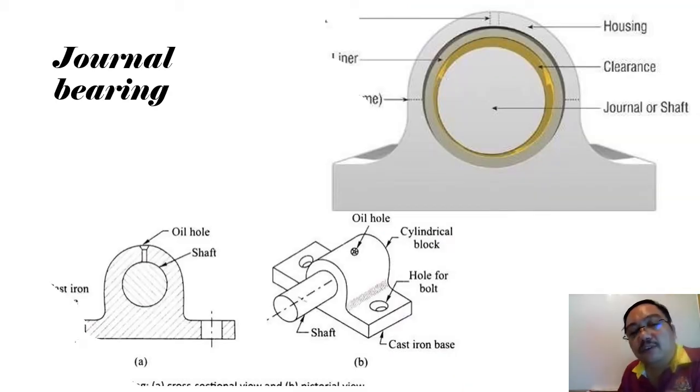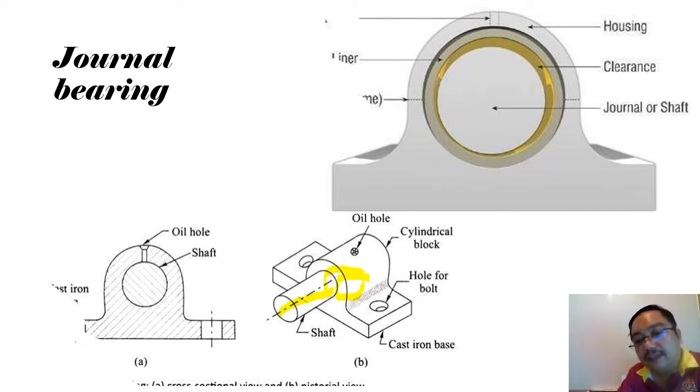It is different from the rolling contact bearing, because rolling contact bearings have ball bearings, cylindrical bearings, and taper bearings. In this general bearing, there is a shaft embedded inside a cylindrical block. You can see here, this is the shaft, and this is the cylindrical block that contains the shaft.